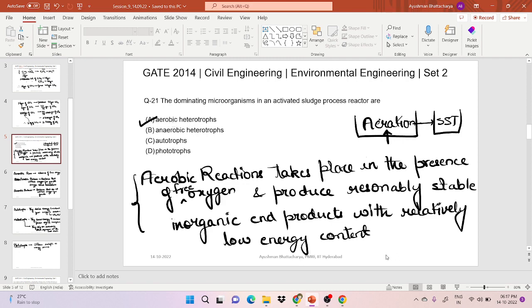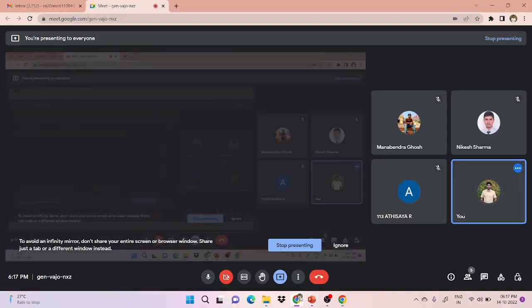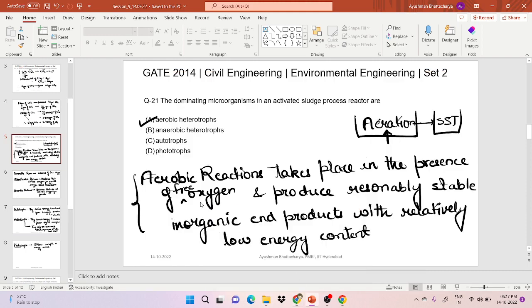Is this clear? Okay, so again, I will explain. Out of the four options, the first option is correct because in the activated sludge process, aeration happens, so obviously the microorganisms will be aerobic.